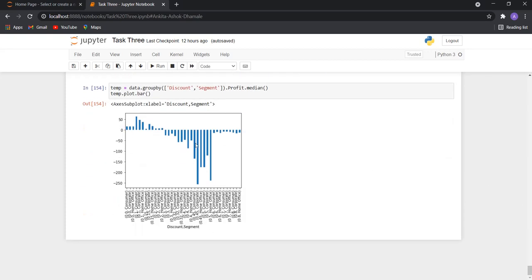So finally, this is the grouped discount and segment graph, where we can analyze for each and every segment and discount, profit and loss in the same graph. Like for 15% in home office, we see there's a profit, while for 30% in home office, we see there's a loss. So that's it for the task.